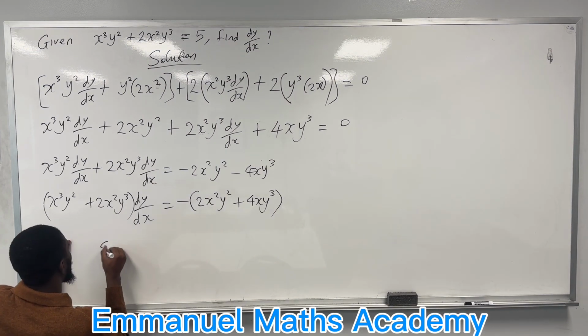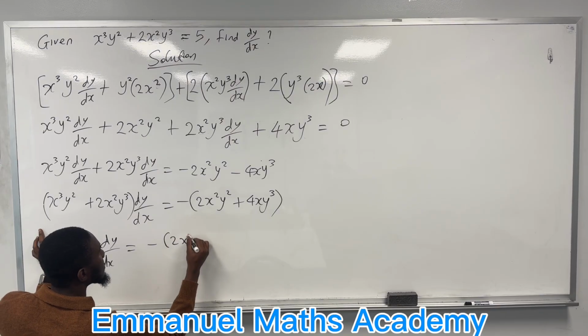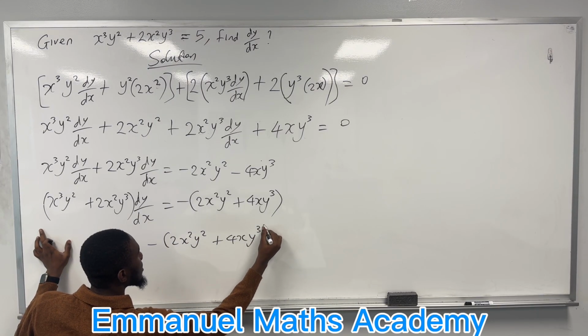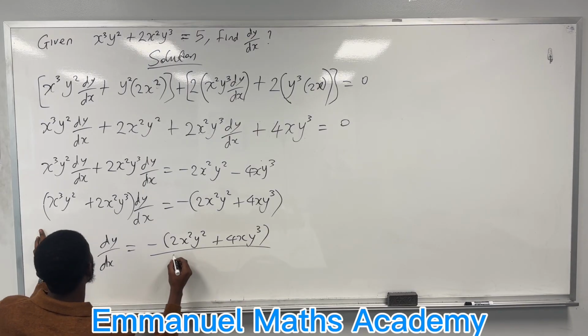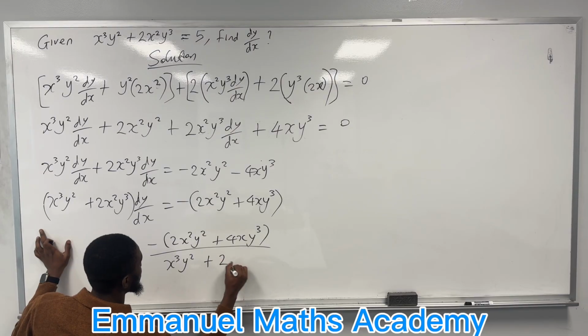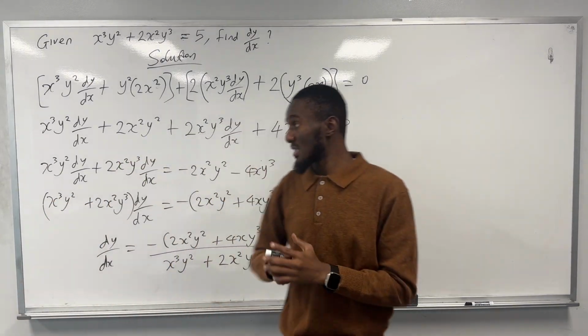Hence we have dy dx equal to minus 2x squared y squared plus 4x y cubed all over x cubed y squared plus 2x squared y cubed. As simple as that.